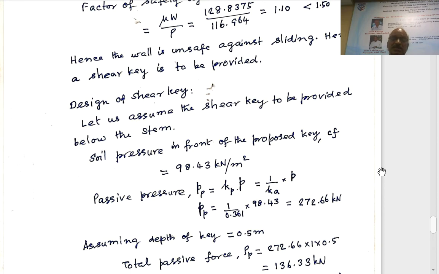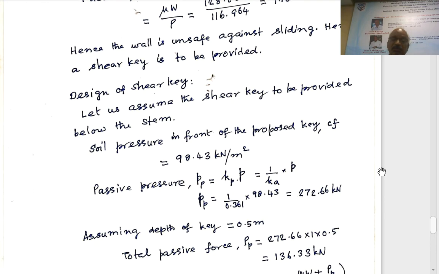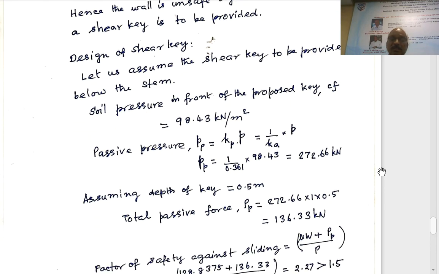So passive pressure is equal to Kp into P. Kp is 1 by Ka. The passive pressure coefficient is 1 plus sin phi by 1 minus sin phi, or it is 1 by Ka. So that is equal to 272.66 kilonewton. This is the passive pressure.